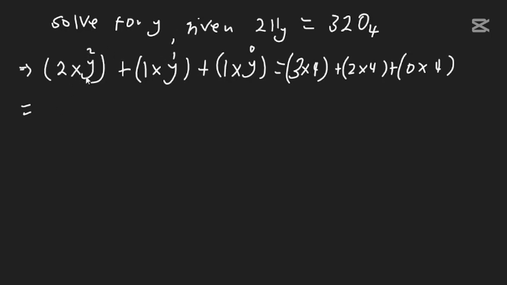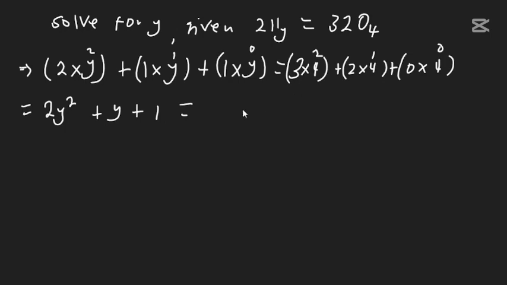So we have 2y exponent 2 plus y plus y exponent 0 is 1 multiplied by 1.